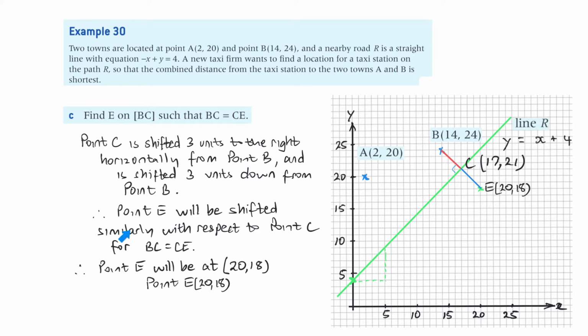So point E will be shifted similarly with respect to point C because BC equals CE, and the point would become this one here, which would be shifted to the right another 3, so that'll be 20, and that's shifted down from 21 by 3 would be 18. So the point is 20, 18, and that's what it actually is there too. Look.